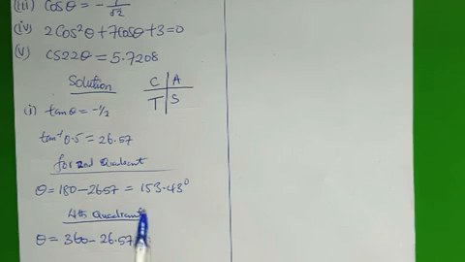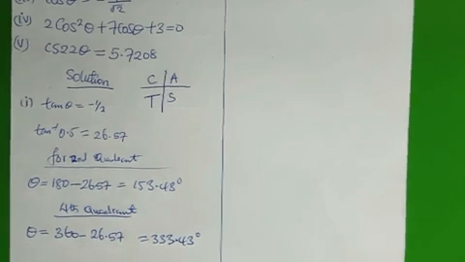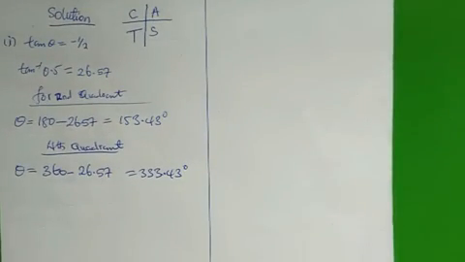The first one you have obtained at the second quadrant, and the second one is at the fourth quadrant. So 360 degrees minus 26.57 degrees will give us 333.43 degrees. So these are the two possible values of theta between 0 and 360 degrees.